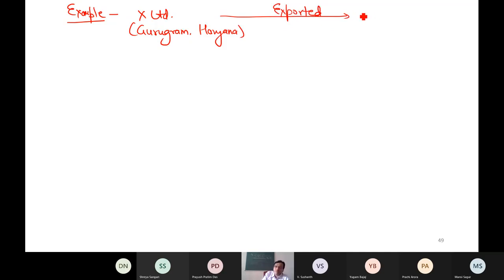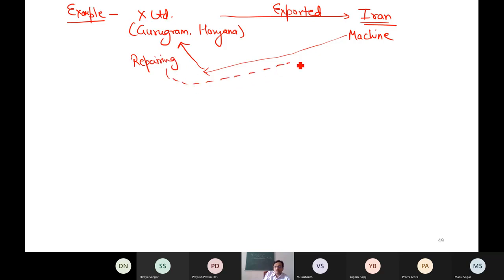This company exported a heavy machine to Iran, but that machine got some problem in Iran, and the machine was brought back via air conveyance to its Gurugram, Haryana center. Repairing was done, and after repairing, the machine was again sent to Iran.